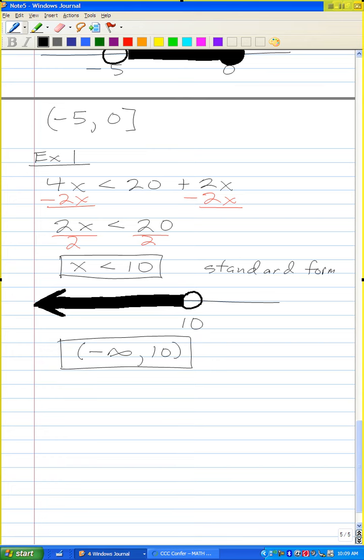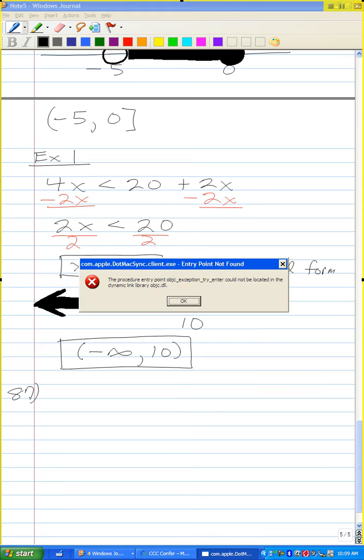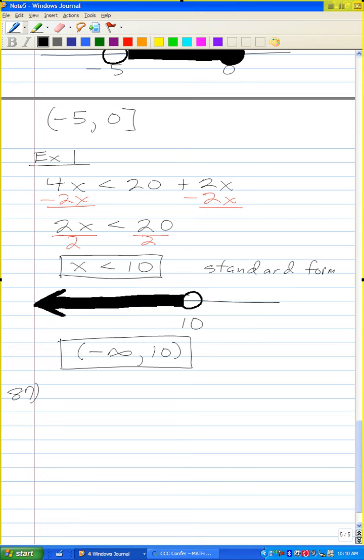Let me do problem number 87. Actually, let me do another one, easier before that.